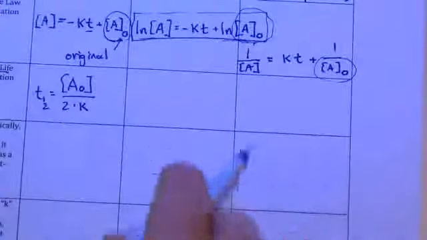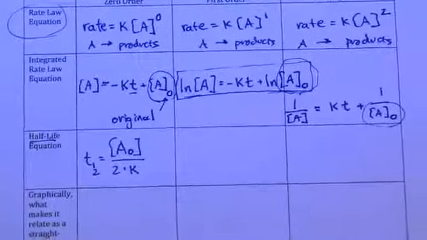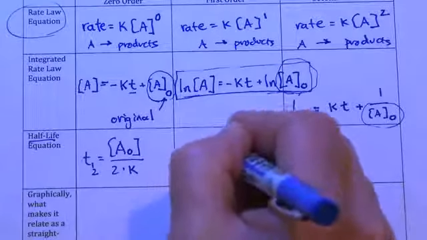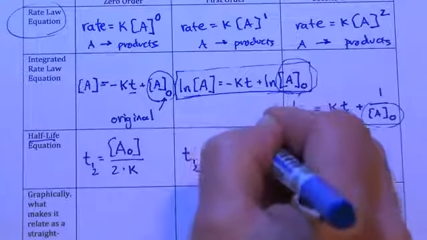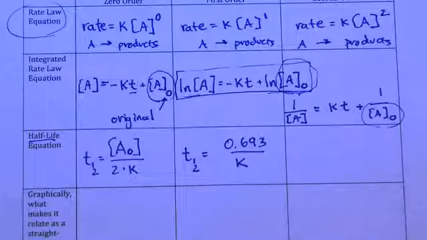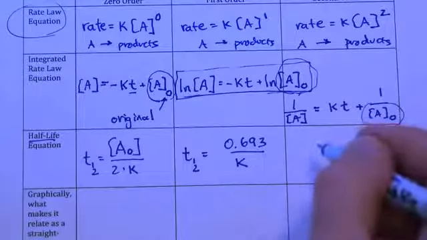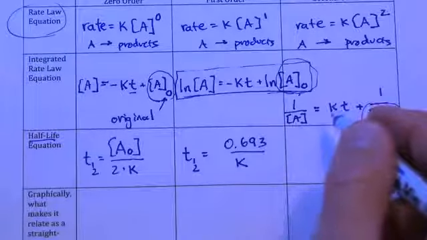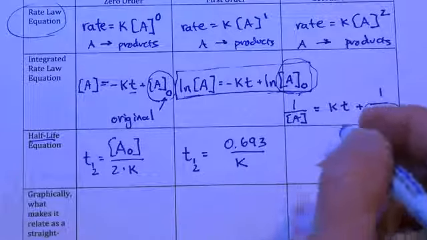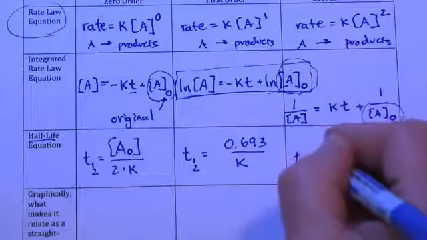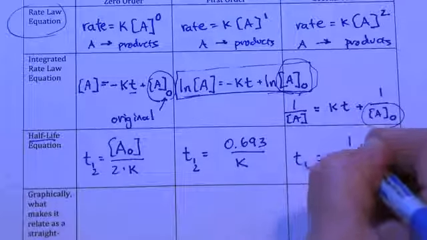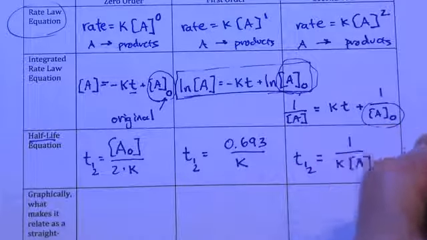So let's fill this in. The first-order integrated half-life equation is t 1/2 is equal to 0.693, or the natural log of 2, divided by k. The second-order integrated rate law half-life equation, and I'm not going to go through the whole derivation, is t 1/2 is equal to 1 over k times the concentration of A original.